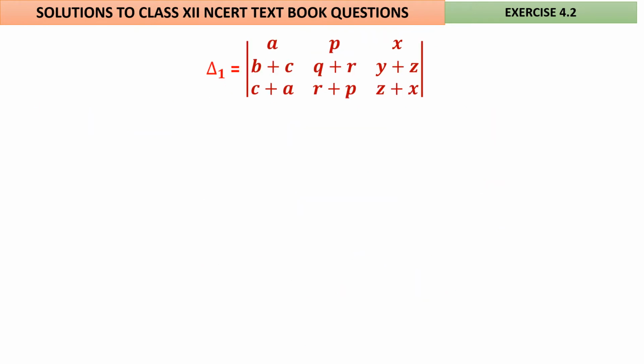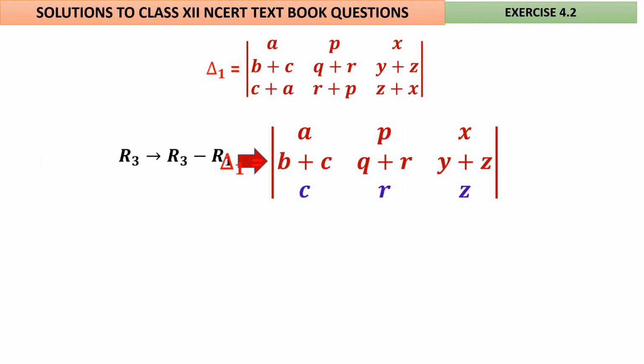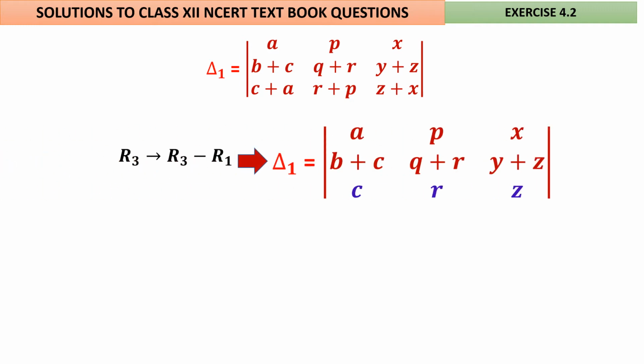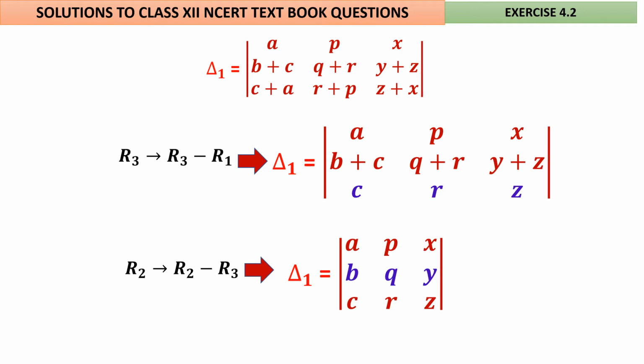Let me take the first. R3 is equal to R3 minus R1, so that A will get cancelled. Therefore, C plus A minus A, R plus P minus P, Z plus X minus X, you will get C, R, Z. Again, I will write R2 as R2 minus R3, so that the C will get cancelled and R will get cancelled and Z will go.